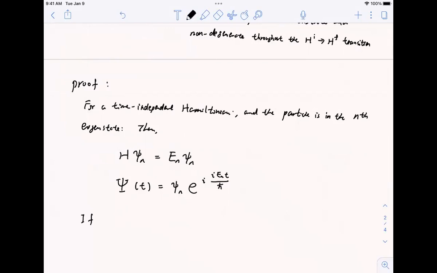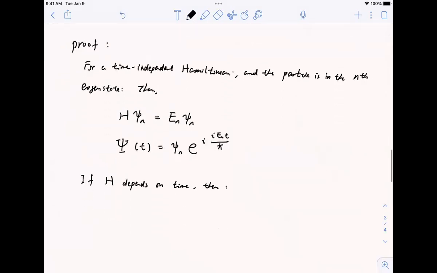So if the Hamiltonian depends on time, then for each time you have the Hamiltonian H(t), and this one will also be an eigenfunction.